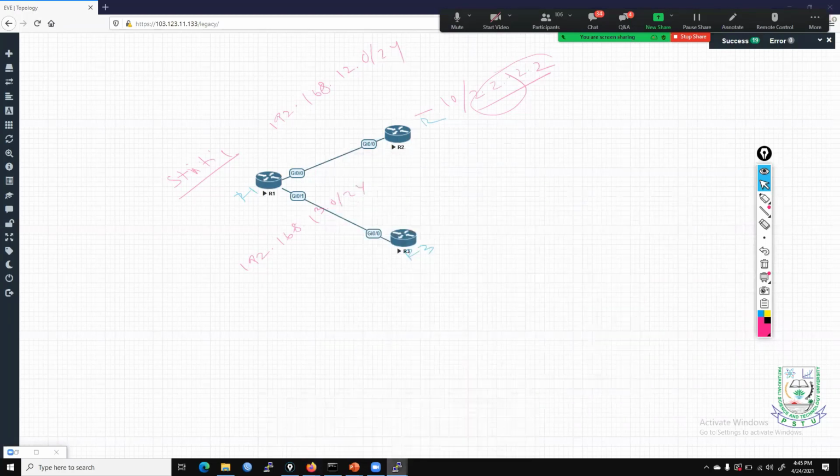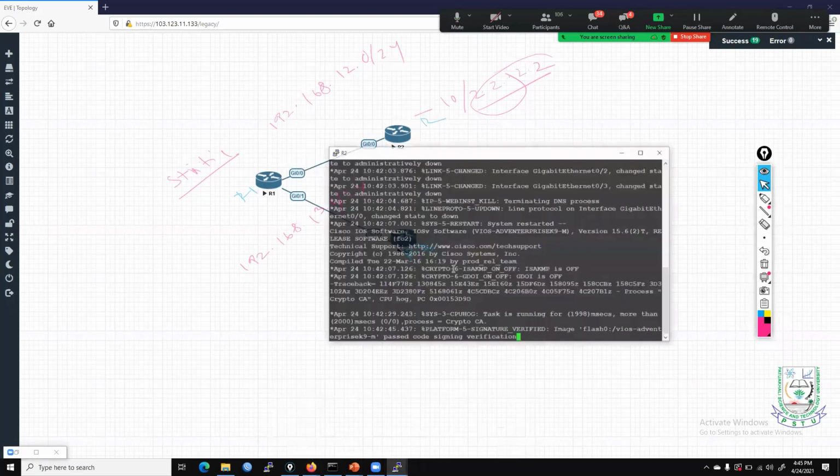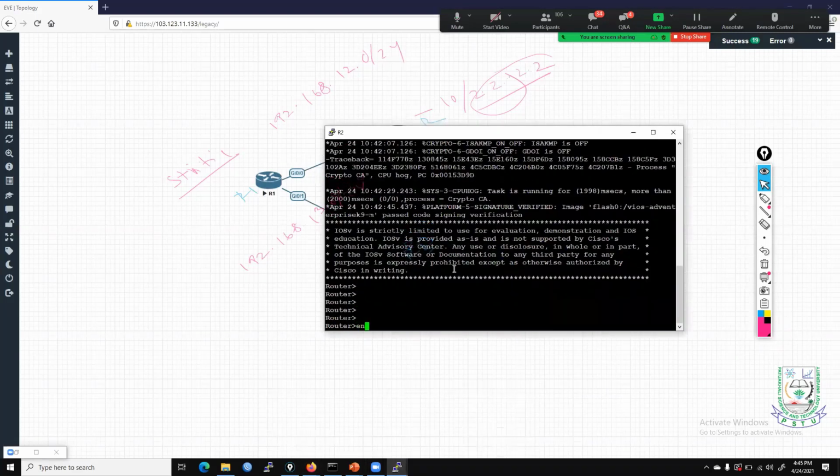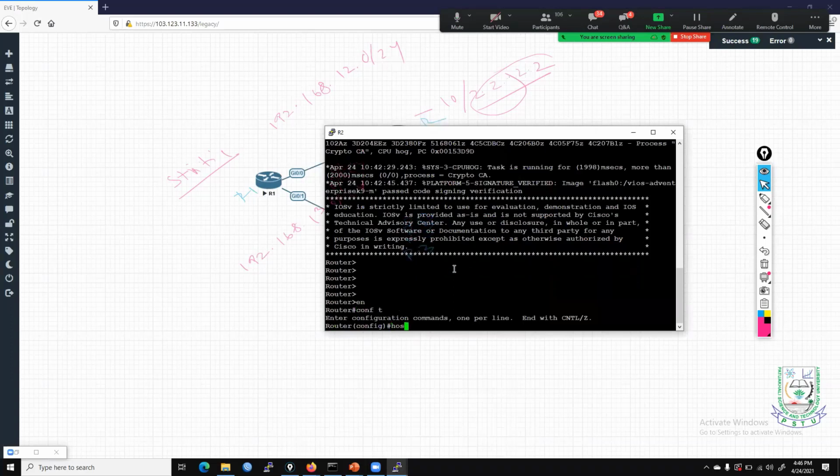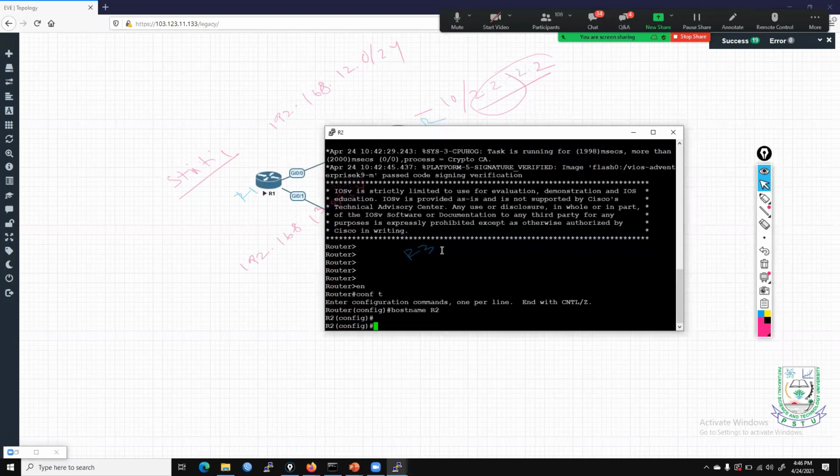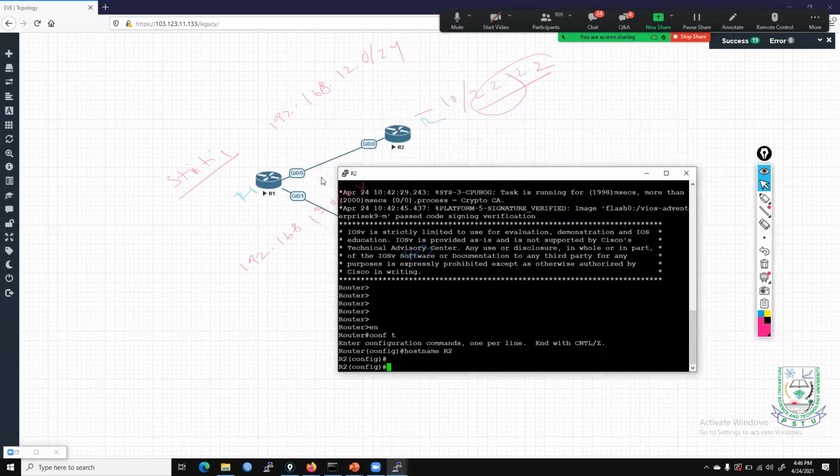Then we'll configure R2. First we have to change the host name. The host name is R2, and the interface that is connected to R1 is gig 0/0.